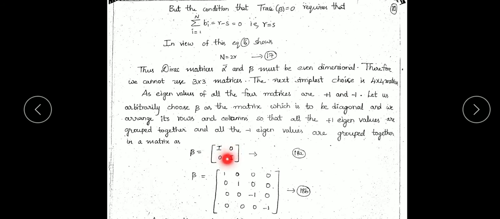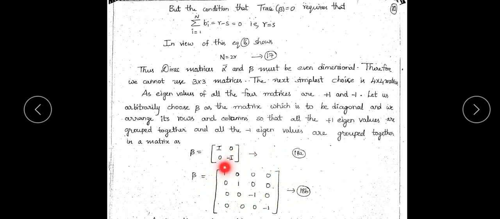So I 0 0 minus I is nothing but 1 0 0 1, and 0 is nothing but the null 2 by 2 matrix 0 0 0 0, and here again 0 means the null 2 by 2 matrix, and minus I is nothing but minus of 1 0 0 1, that is minus 1, minus into 0 is 0, and minus into 1 is minus 1.